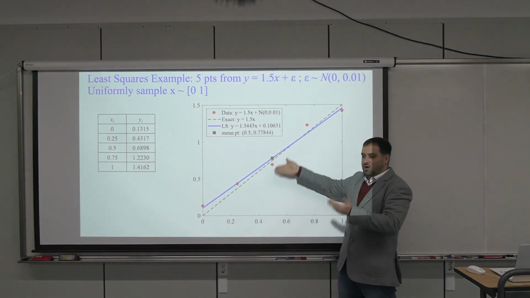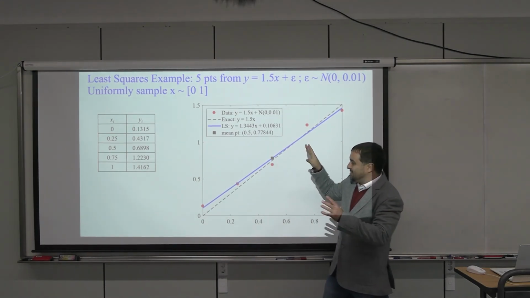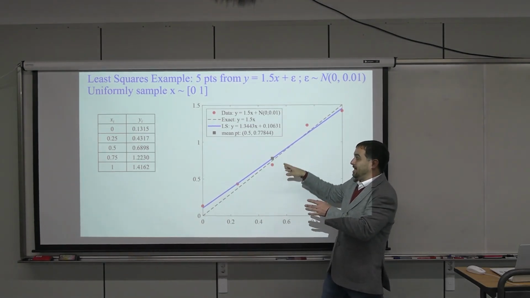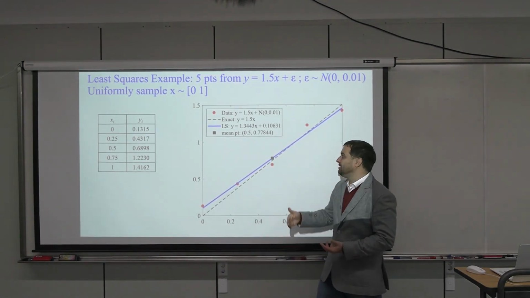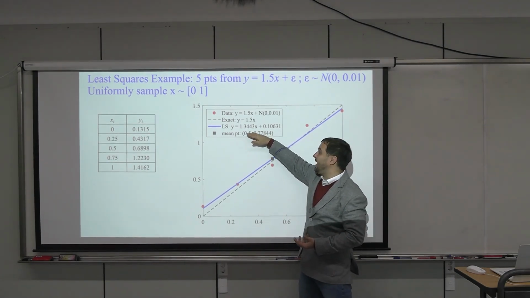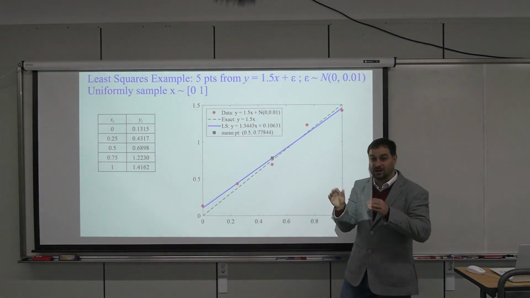It's a small data set with random noise. In the first example with 5 data points, the uniformly spaced example just happened to have a least squares solution that's closer to the true underlying function.